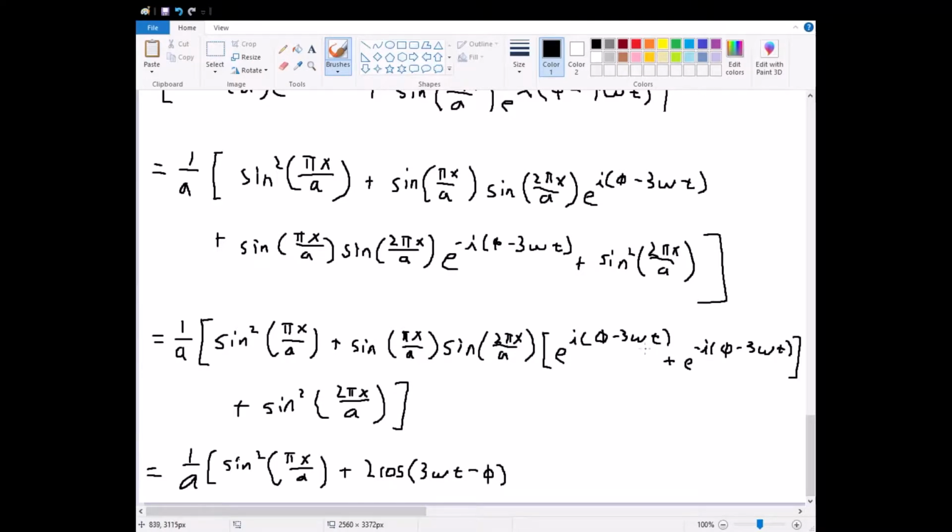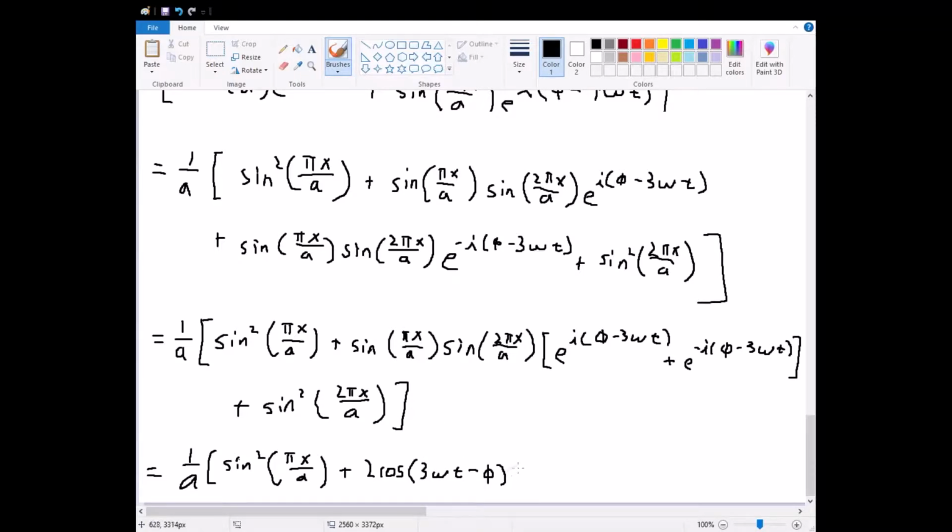And the reason why I'm changing the order right here is because cosine, remember, is an even function, so we can flip the order however we want without changing the equation at all, because cosine of negative x is exactly the same as cosine of x.